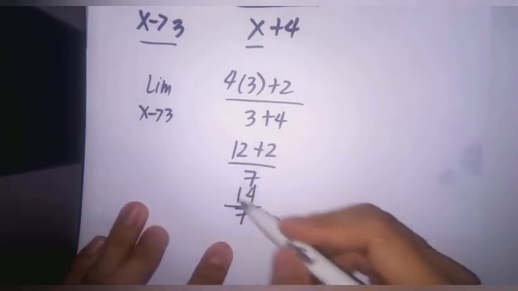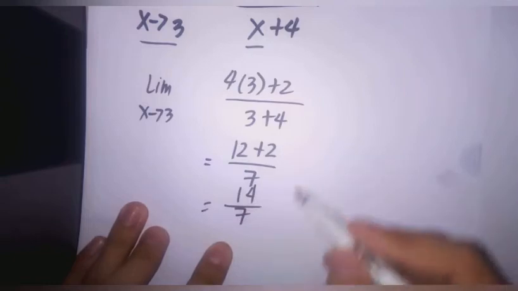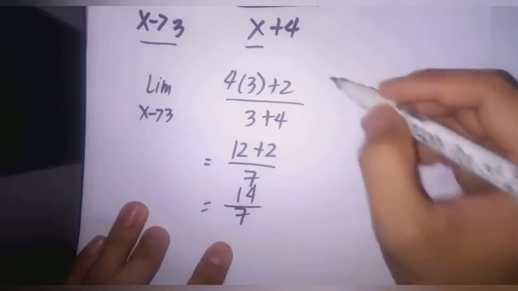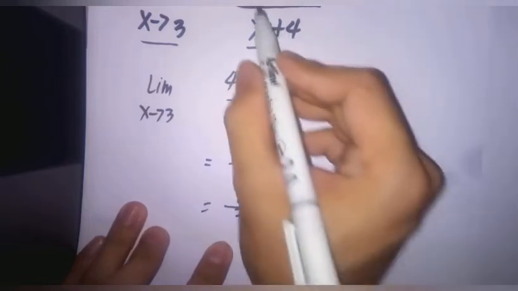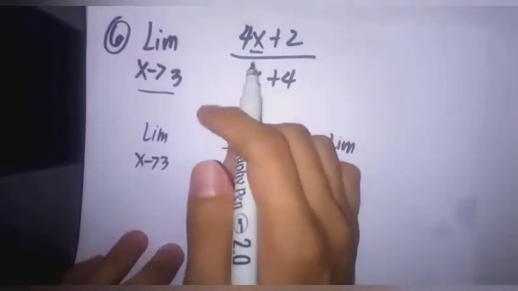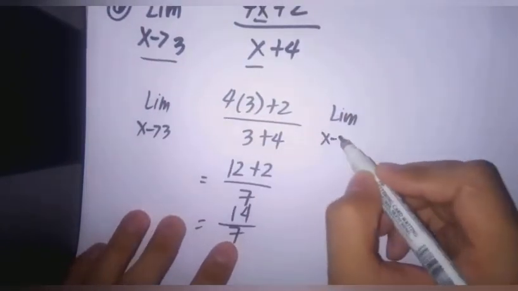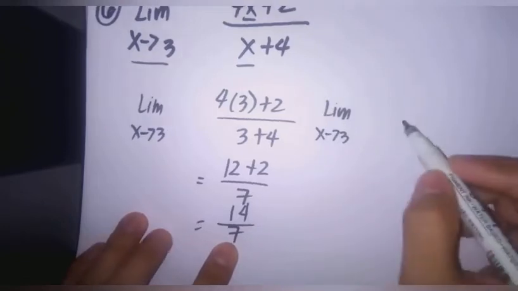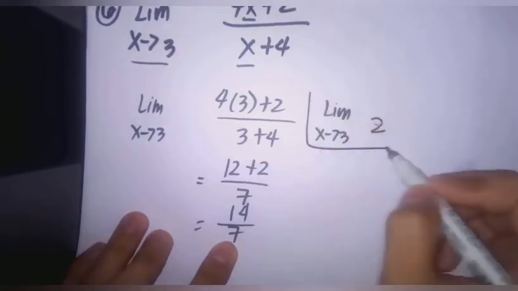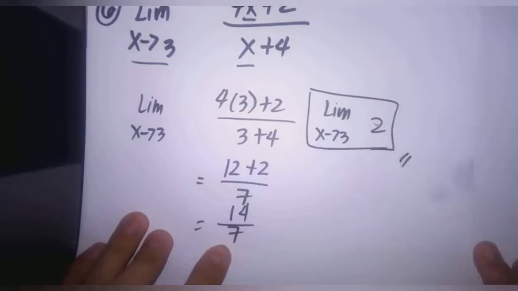So, therefore, 14 divided by 7, that is 2. So, limits of 4x plus 2 all over x plus 4 when x approaches 3 is 2. So, this is our answer.